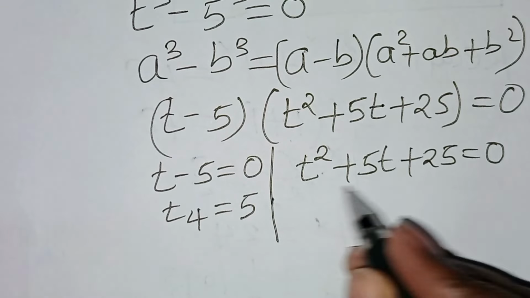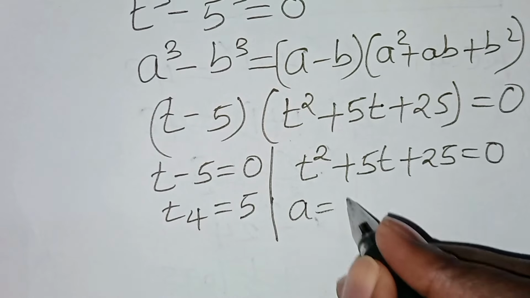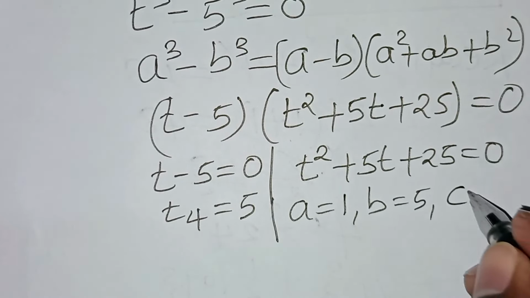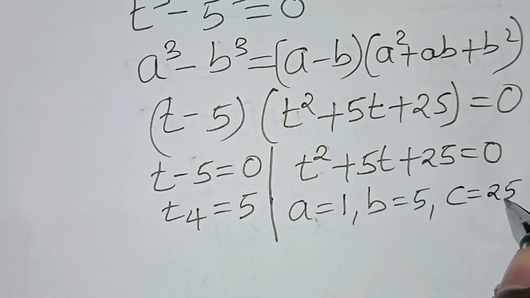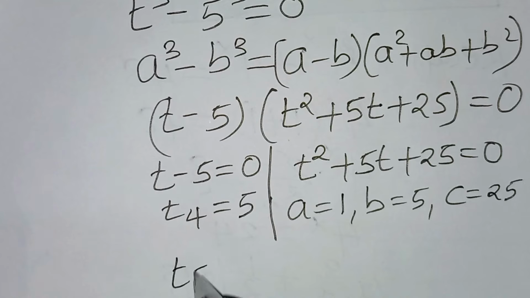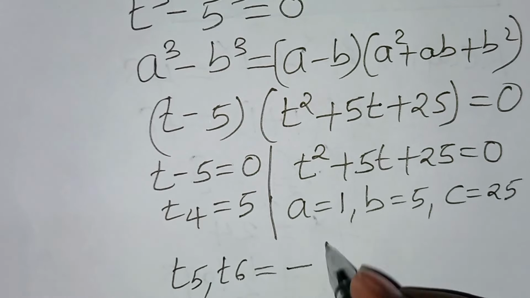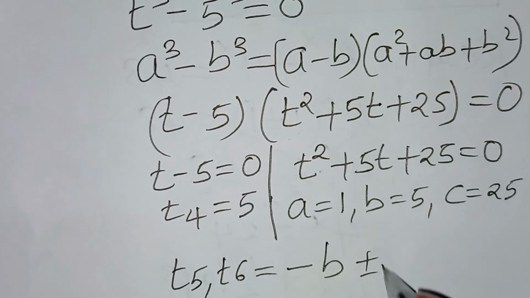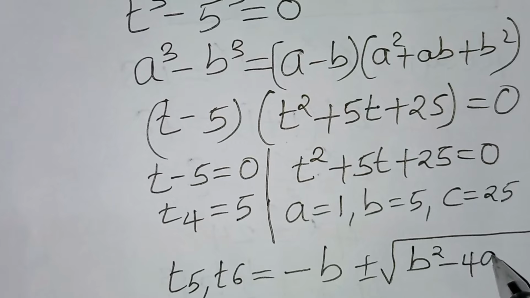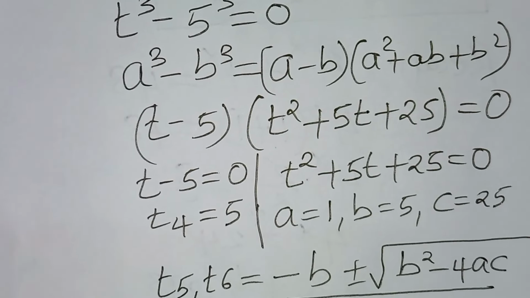Now let's proceed to solve the other values of t here. This is a quadratic equation with a equal to 1, b equal to 5, and c equal to 25. So applying the quadratic formula, t5 and t6 can be expressed as negative b plus or minus the square root of b squared minus 4ac divided by 2 times a.